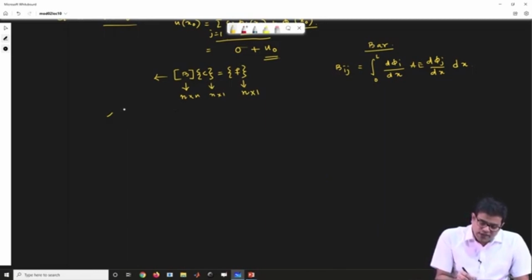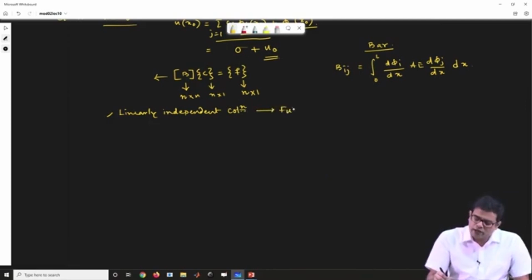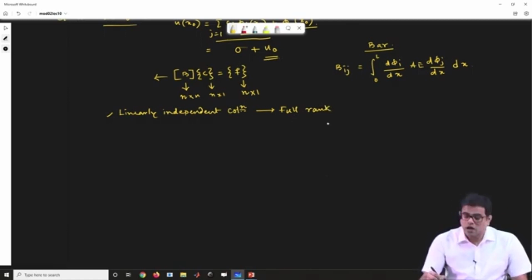This leads to the requirement of linearly independent columns or rows, so a full rank matrix. This is essential to invertibility.